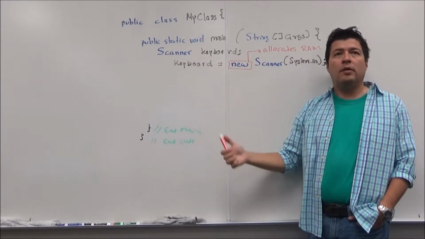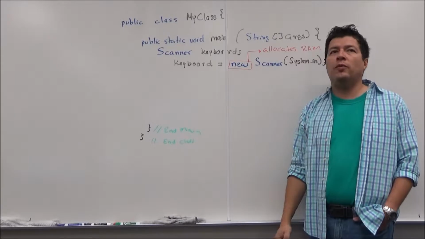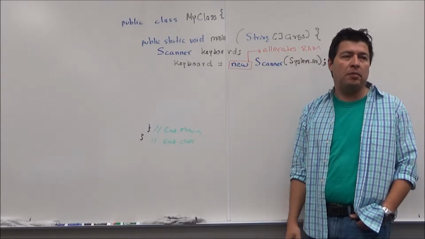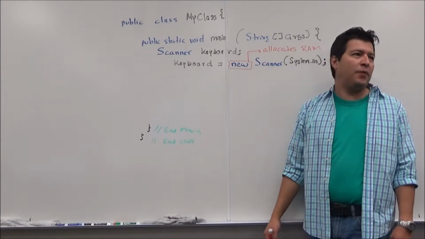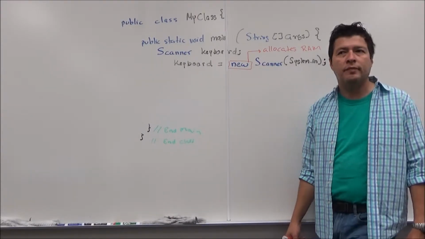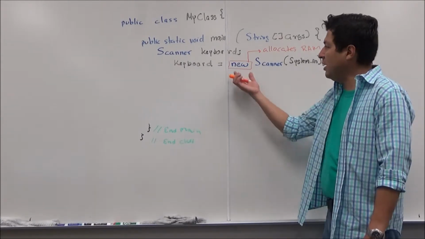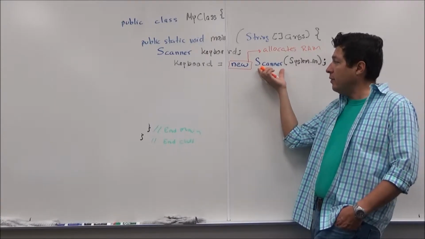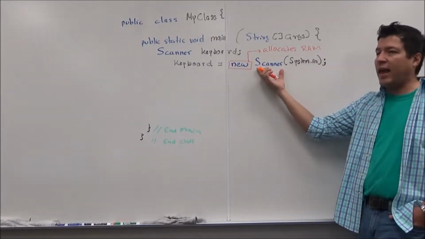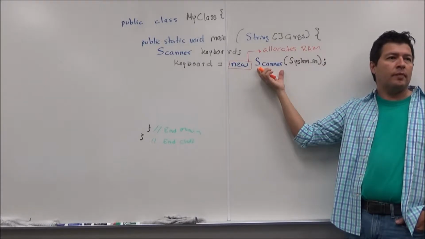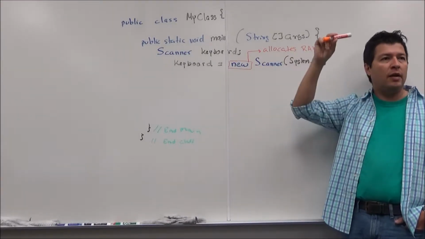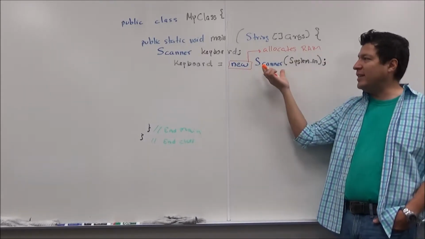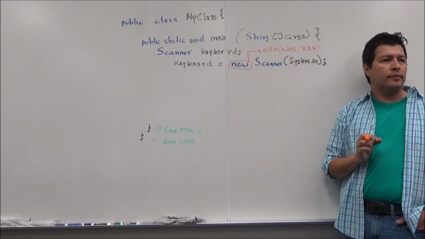Right? Well, how much memory do I need to represent a car and all the attributes of a car and all the things a car can do? I don't know, it's more than 64 bits. Right? So what this thing does is allocates memory and then figures out how big a scanner is in memory, and it's gonna try to find a contiguous amount of memory that fits this size. Does it make sense?